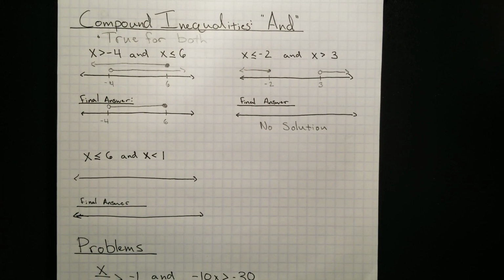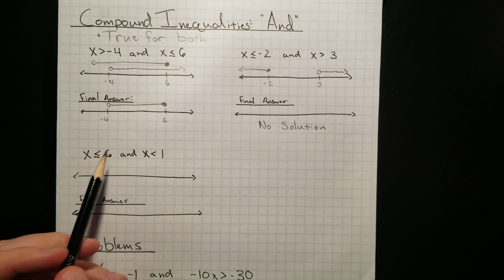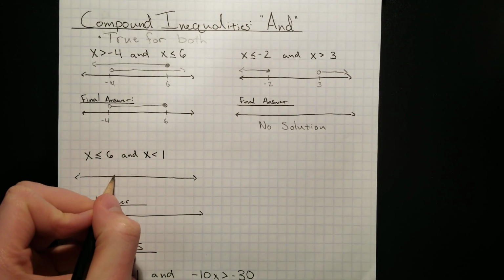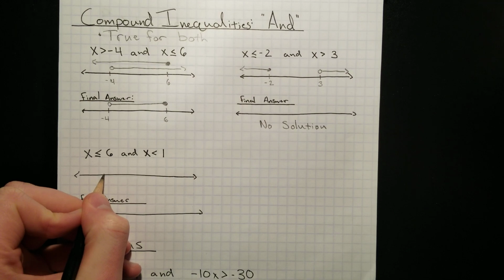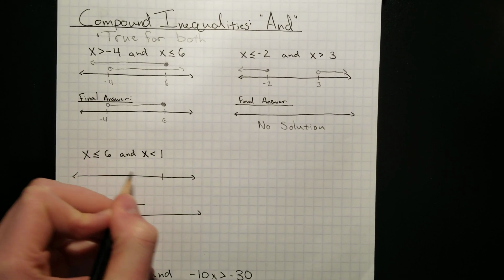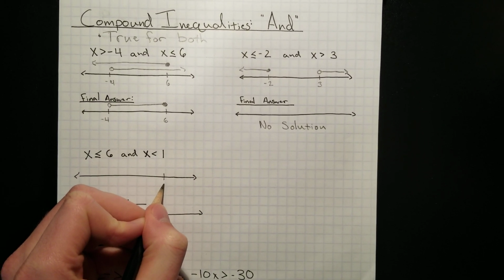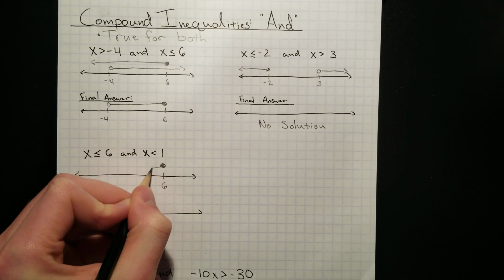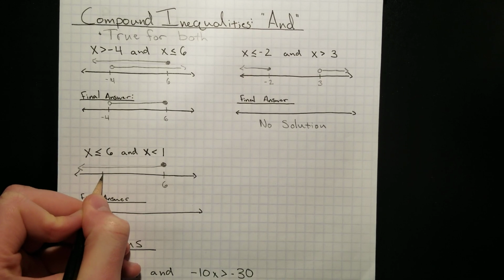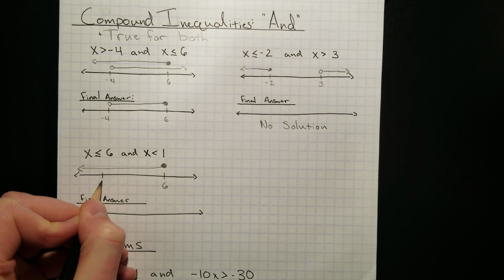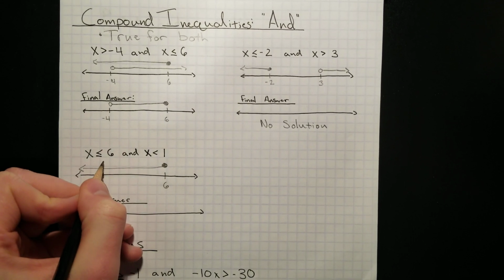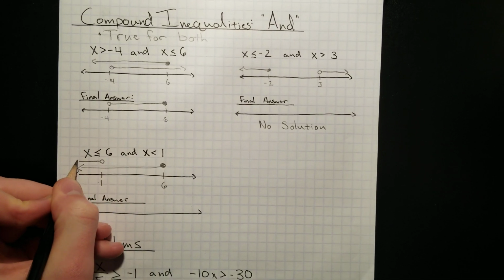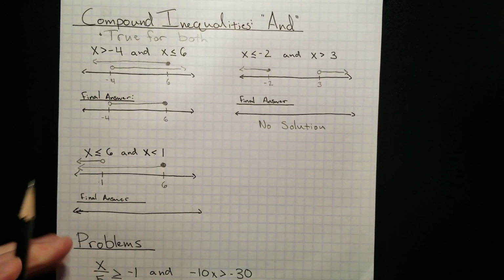Again, a very different solution from when we have an or statement. The final way to combine these, if we have two lines that both go the same direction, is to start with x is less than or equal to +6. We put a 6 here, fill that one in, go to the left, and we have another one at 1. It's not -1, it's +1, and that one goes to the left as well. Both of these are less.